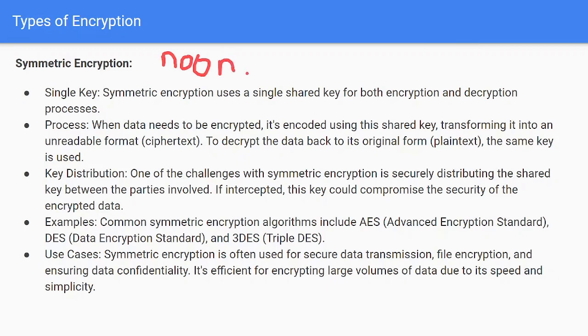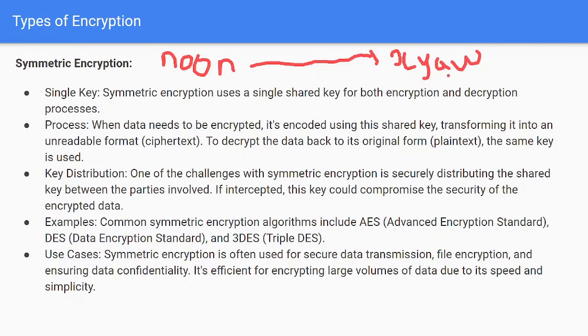We have "noon" now, and now we encrypt this data, and it's now showing XYAW. So what happened is that we are using a single key for symmetric, which means that we are just using one key to encrypt this data to make it unreadable.